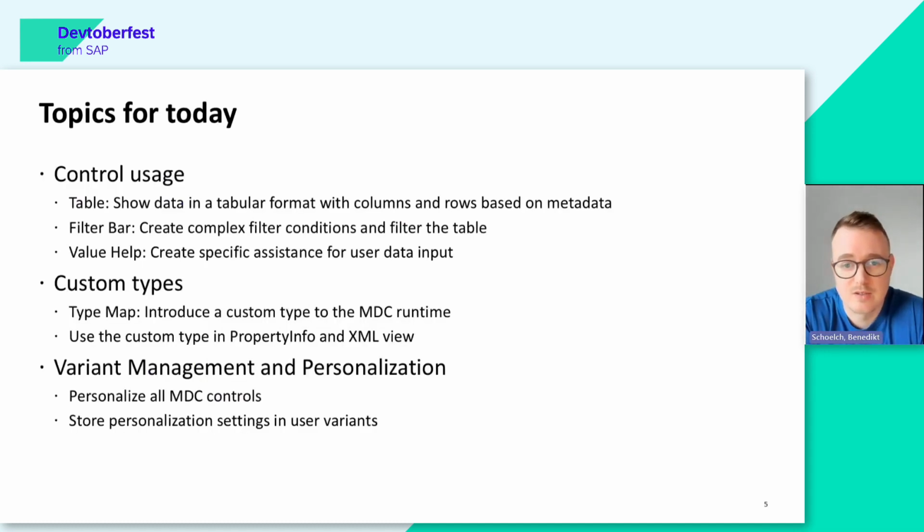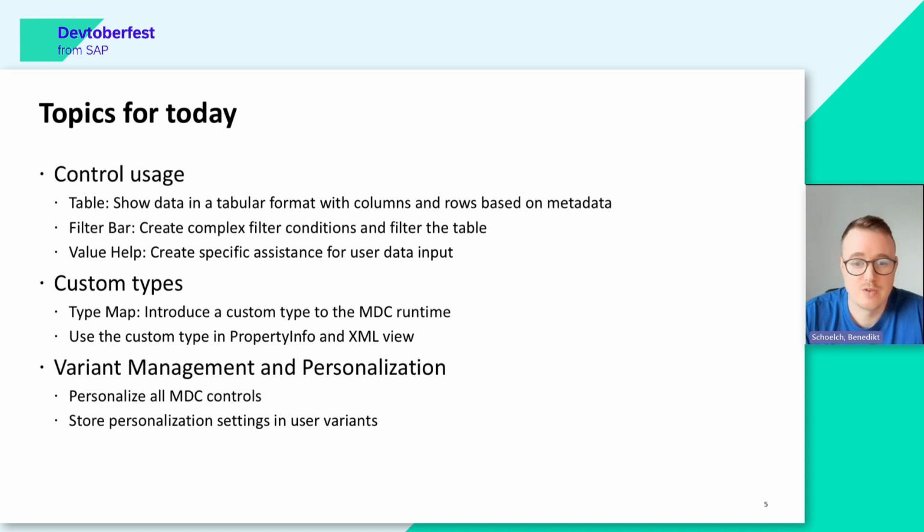Today, we would like to have a look at certain controls specifically. First of all, we want to give you insights into how to use a table and show data in tabular formats with columns and rows based on the metadata. We want to show you how you can filter this table with a filter bar and create complex filter conditions. And we will also integrate value helps in this filter bar that can deliver specific assistance for the user when inputting data.